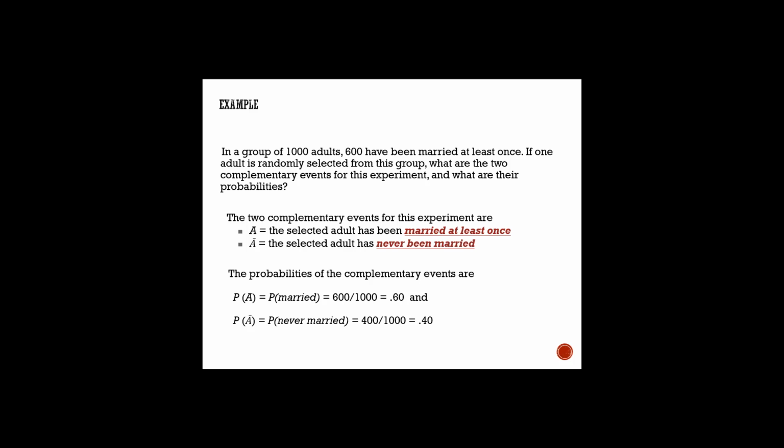Well, I can say the others. How many were left that had never been married? Well, 400 out of the 1,000 is 0.4, but if you look at 0.6 and 0.4, you can see they add up to equal the number 1. So we didn't really have to do that 400 divided by 1,000 for the complementary event. We just had to know that that event plus our other event, the complementary events, are going to add up to equal the number 1.